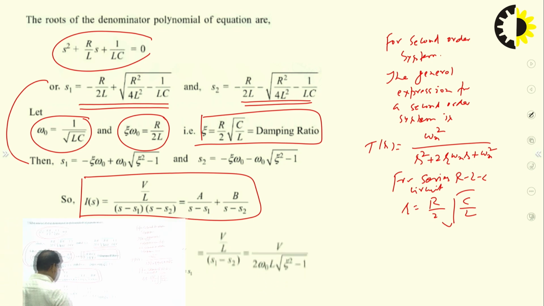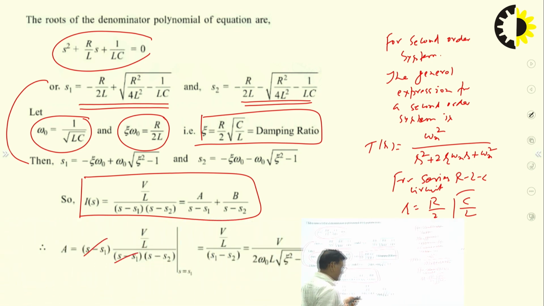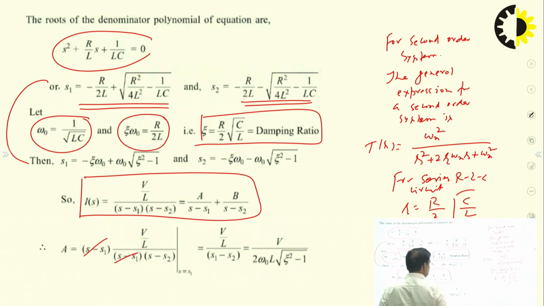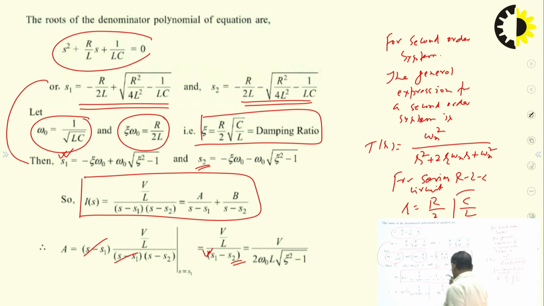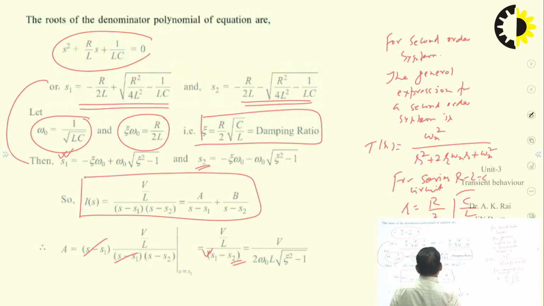It becomes V by L, S minus S1, S1 minus S2, and we put the values of S1 and S2 here and we get this. So this is the value of the constant, V upon twice omega 0 L root over zeta square minus 1.